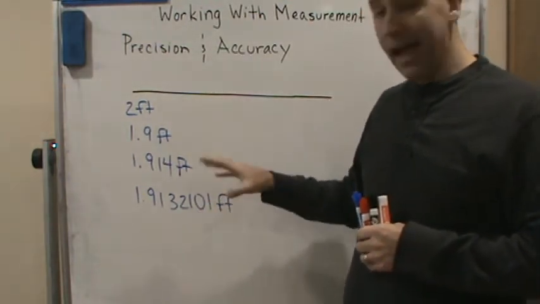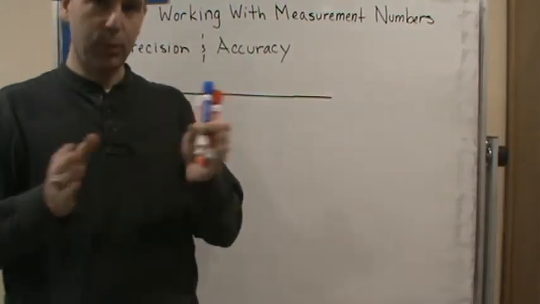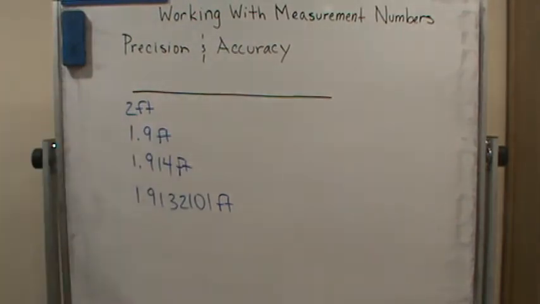That's precision. Precision is basically how many decimal places or how many significant digits I can have in my answer. The precision of a measurement number is indicated by the place value of its rightmost significant digit.